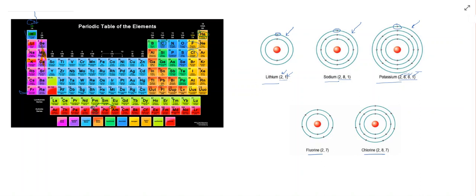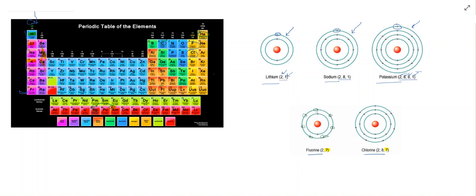And as you can see, if you look at the arrangement, they both have 7 electrons in their outer shell. So these are the 7. So these 7 electrons here in the outermost shell. So that's an important pattern. So generally, whatever group the atom belongs to also indicates the number of electrons that they have in their outermost energy level. And that outermost energy level is the one that's furthest away from the nucleus.